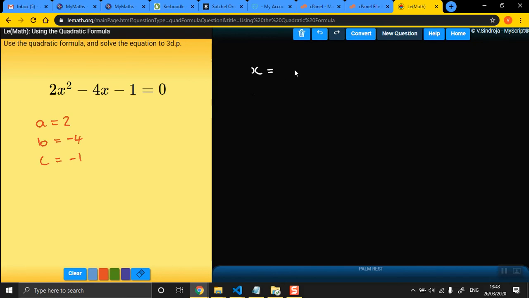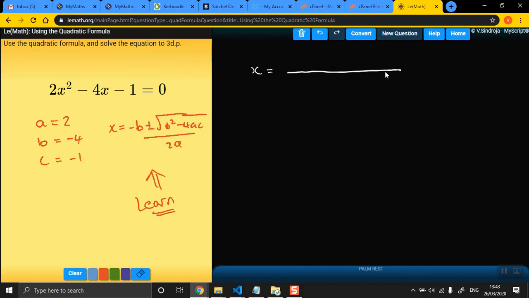So remember the formula. x is equal to minus b plus or minus the square root of b squared minus 4ac all over 2a. You need to memorize this. Make sure you learn this. You need to know it off by heart. So first of all, we need minus b. Now our b is minus 4. So what's minus b? That's going to be minus 4, so that's positive 4.